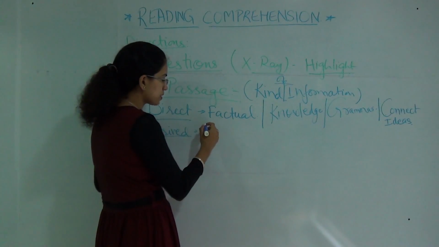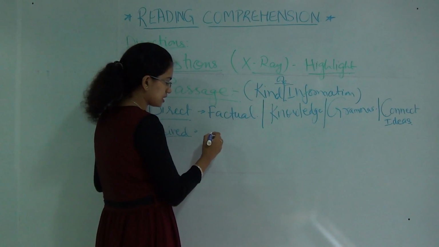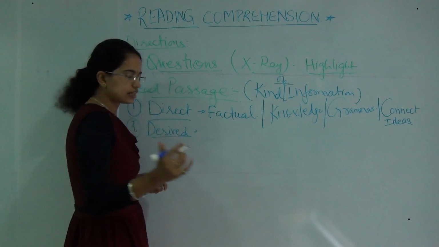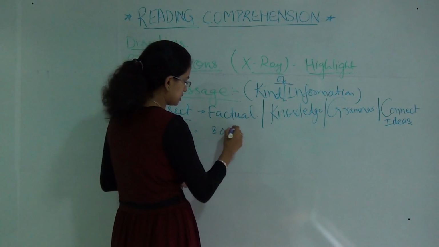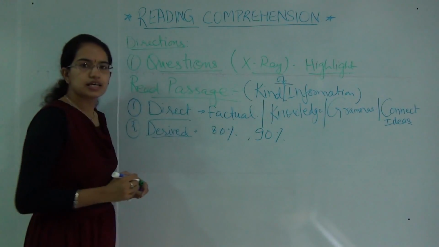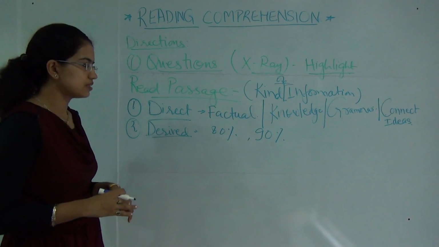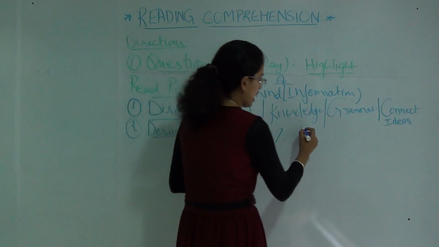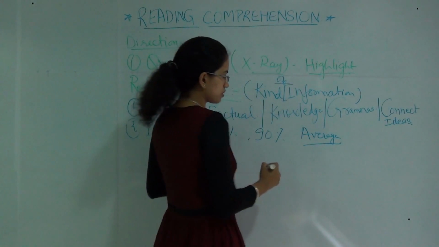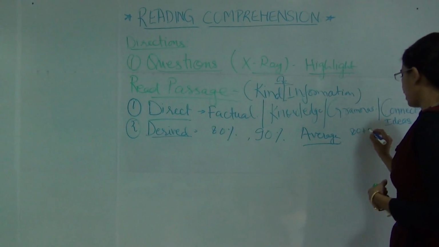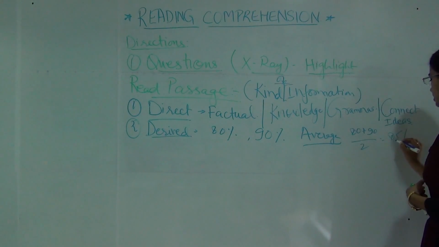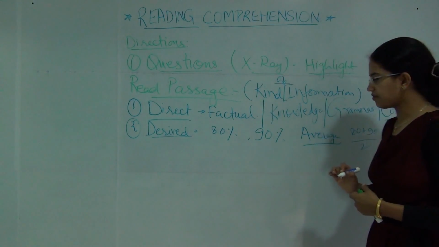For example, there are 2 experiments given with 2 values: the success rate of the first experiment is 80% and the success rate of the second experiment is 90%. If you are asked to find the average success rate of the 2 experiments, you would take the average of the 2 numbers and say the average success rate is 85%.